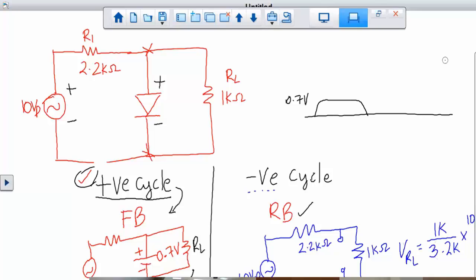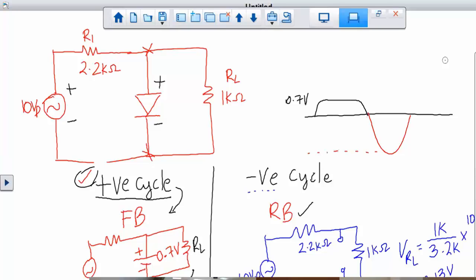So what would be that result? It's 1K over 3.2K, because you're adding that to it, which is correct since they are connected in series. How much did you say? 3 point? Okay, so something like this. And all you do is just draw a negative peak.